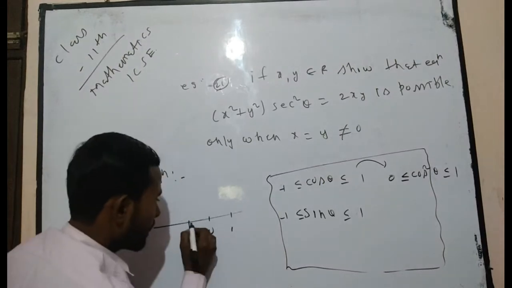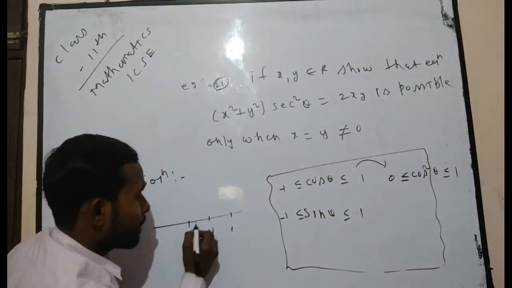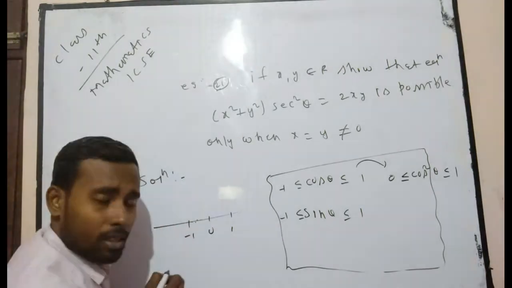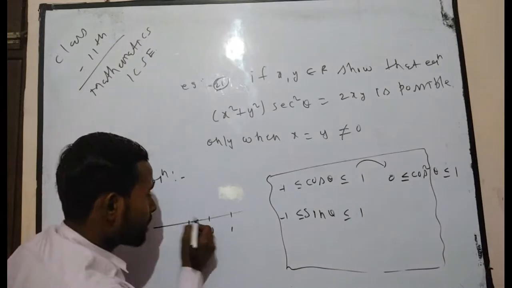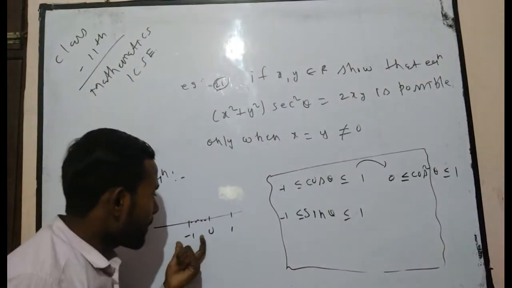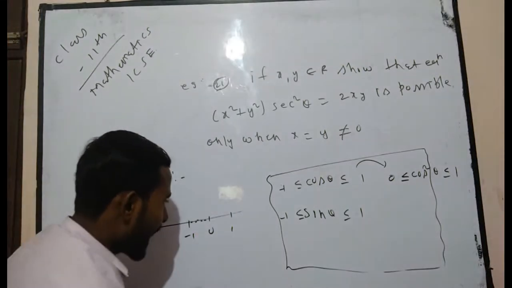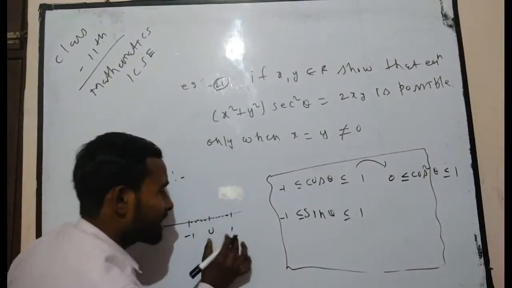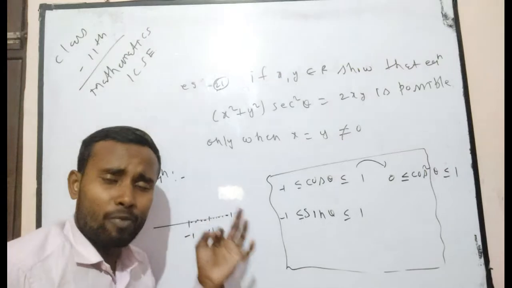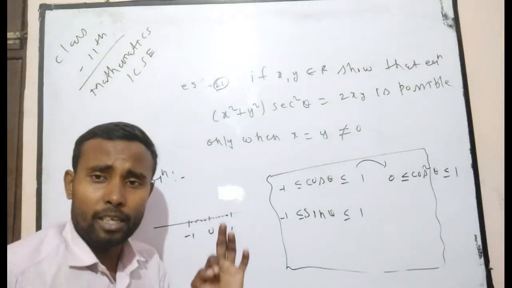Then if you square, there exist numbers like minus 0.99, minus 0.98, minus 0.97, minus 0.50, minus 0.45. Many negative real numbers exist between minus 1 and 0. Similarly, many positive real numbers exist between 0 and 1, for example 0.5, 0.525, 0.53, 0.98, 0.84.